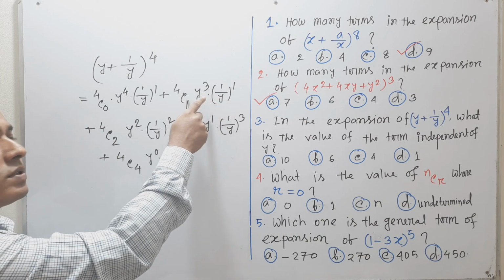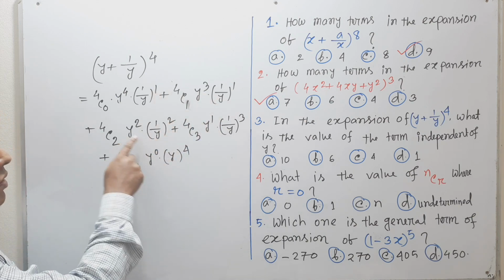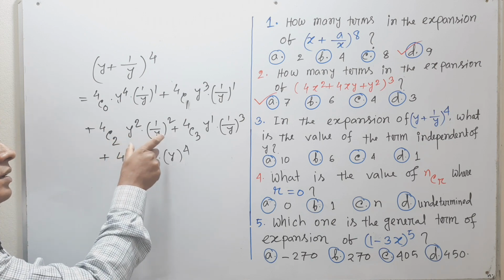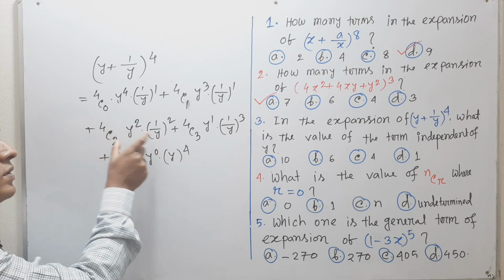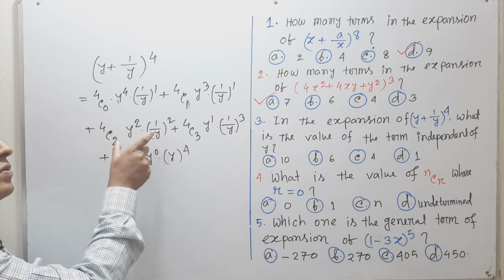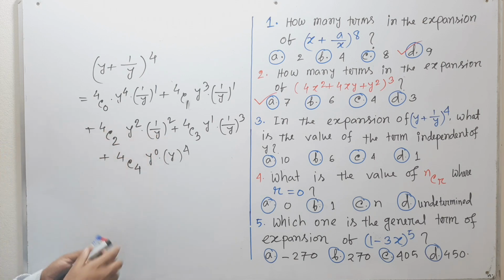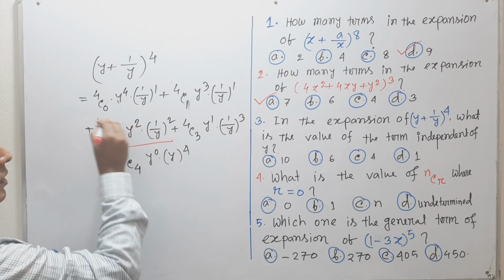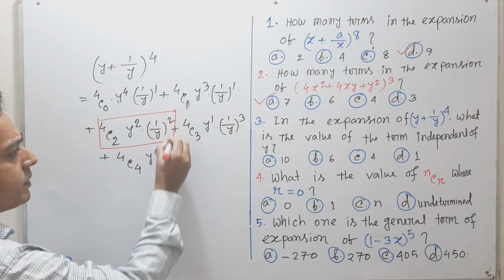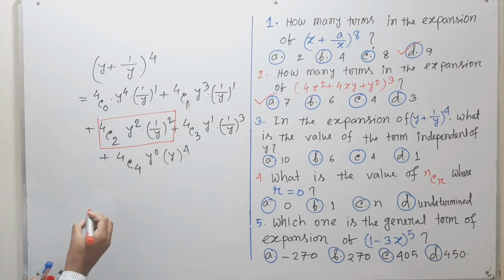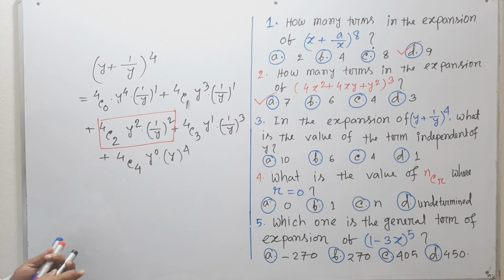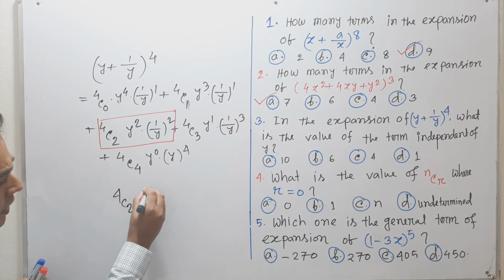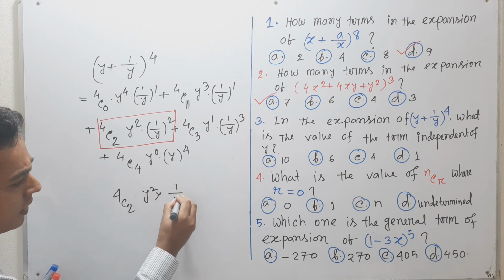But here y square divided by y square will be discarded, and then 4C2 is a constant term, has no y term. So this is our y free term. So our y free term is 4C2, because y square into 1 by y square is equal to 4C2.